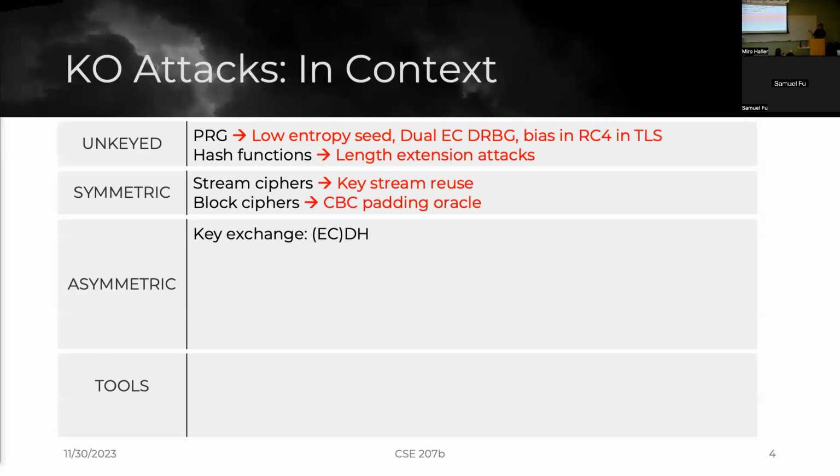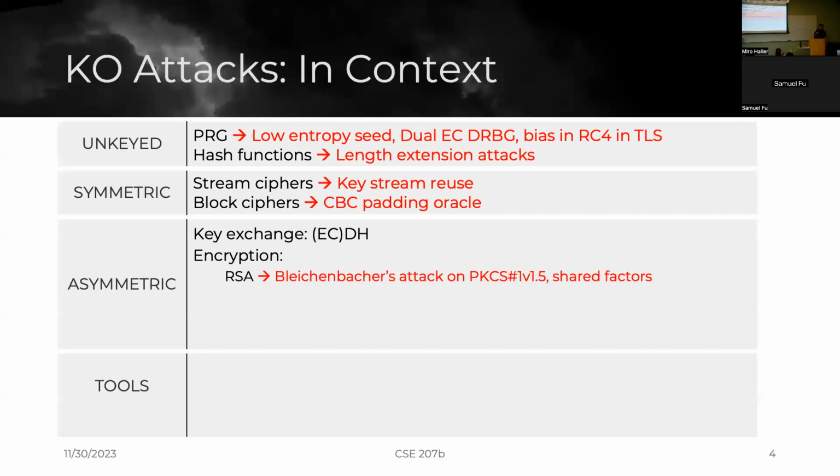Then we looked a lot at asymmetric primitives because a lot of the interesting cryptanalysis happens in the asymmetric space because you use more algebraic structure to construct your schemes. So one thing we looked at was key exchange, Diffie-Hellman or elliptic curve Diffie-Hellman, which we broke with generic methods that I will put under tools. We also looked at encryption, RSA, the famous example, which is broken if you use PKCS #1 v1.5 padding. You can do a very expensive Bleichenbacher attack.